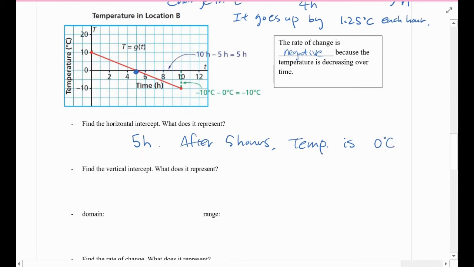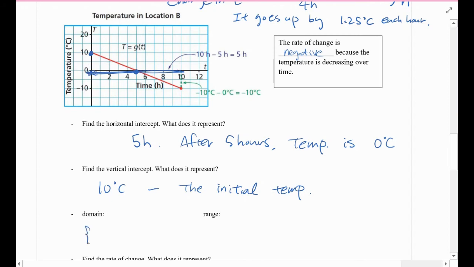Find the vertical intercept, which is 10 Celsius degrees. So this is also the initial temperature. And domain and range. The domain is from 0 to 10.